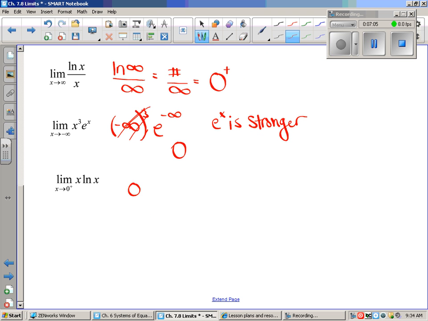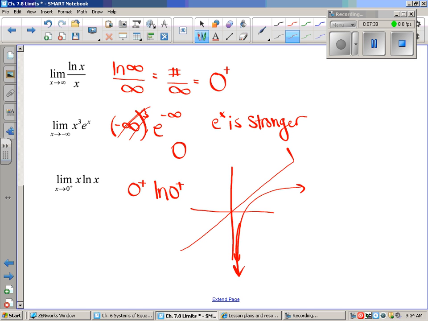Okay, so we have 0 plus, and then I have the natural log of 0 plus. Now I told you that natural log is the weakest of functions, but when you look at this particular equation, you have x moving, and you have the natural log function. Natural log is your weakest function, okay? And so in evaluating this, the tricky part is understanding that this is moving very fast in the negative direction because at 0 plus, the slope there is incredibly fast.